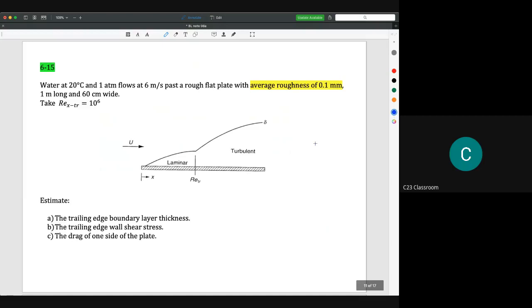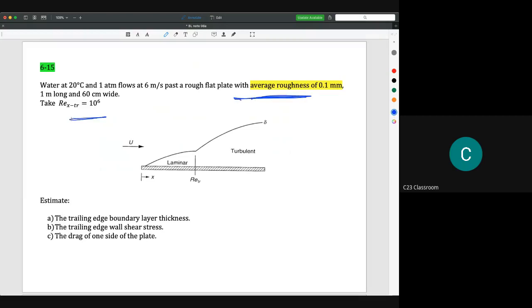Okay, so we go for this question. For example, we still evaluate the same plate. For example, the water is at 20 degrees Celsius, 1 atm, flows at 6 meters per second, past a rough flat plate with average roughness of 0.1 millimeters. So 1 meter long and 60 meter wide.